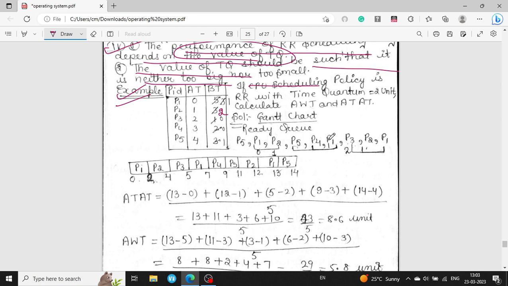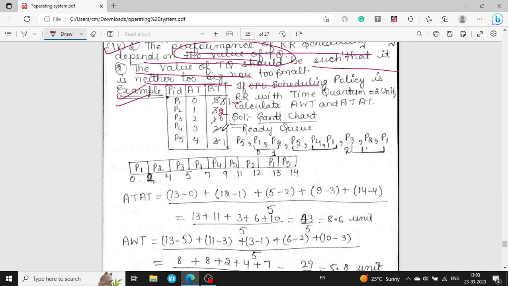You can see here P4, then you will write P1, because P4 uses 2 seconds and P1 uses 3 seconds. Then you give first preference to P4. After that P1. Then again you can see when P1 uses it, it has 1 second remaining.